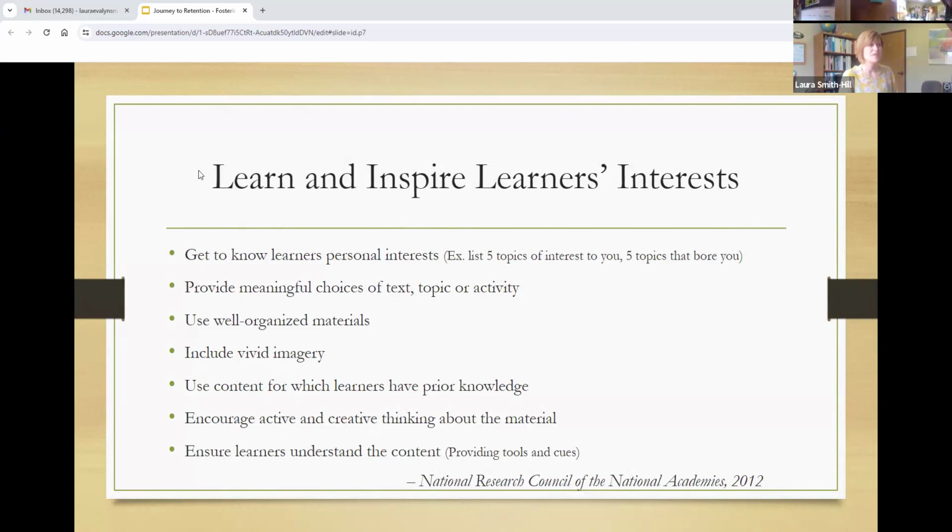And also, there may not be a faster way to lose a student's interest than to give them content that they don't understand and don't understand as relating to their lives. And as we heard from Ruth, having some really creative ways to create buy-in and let students know why this content is going to be valuable for them.